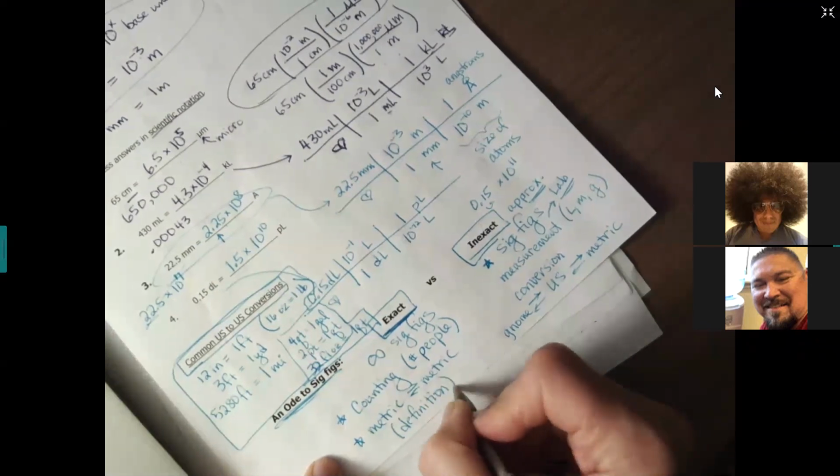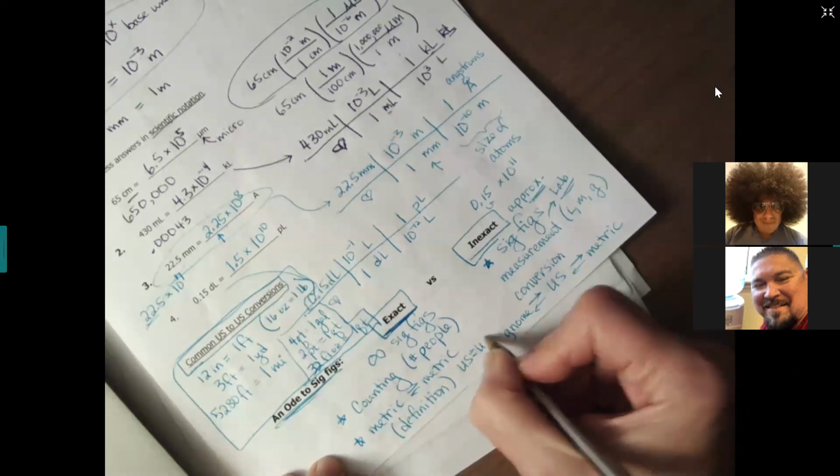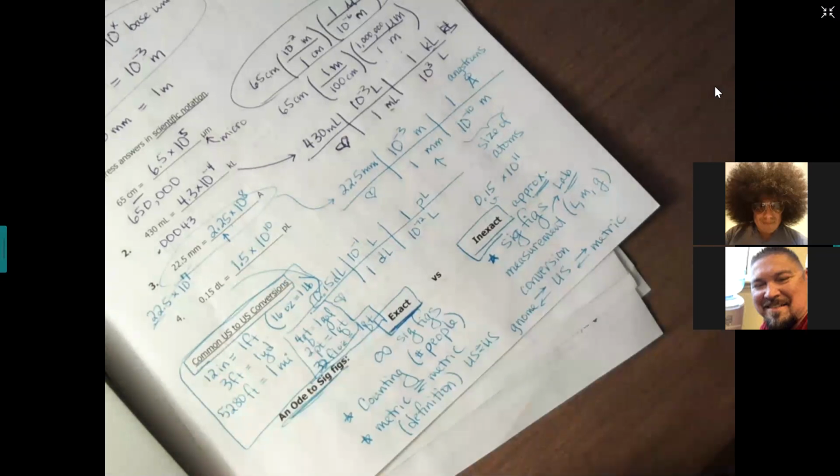So we're defining a centimeter. If you go US to US, so if you're staying 12 inches is 1 foot. That is what a foot and an inch are defined as. And yeah. All right, so that's exact and inexact, and something to keep in mind as we move into the math on the next page.